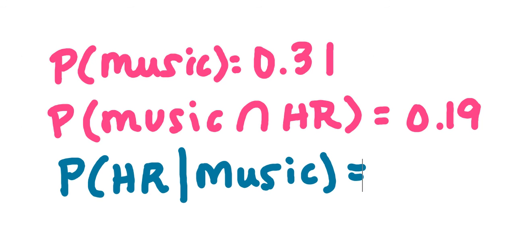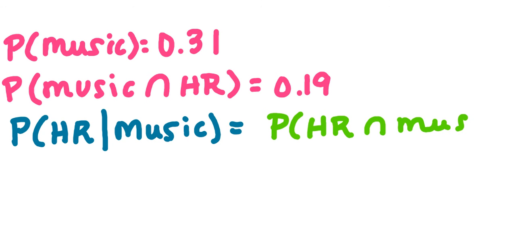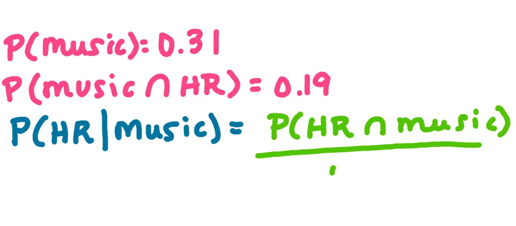And we've got to remember that formula. So the top gets probability of honor roll and music. The bottom gets, which one? Probability of just music.